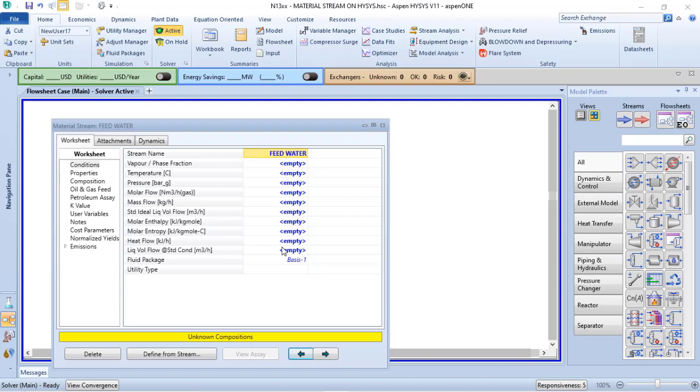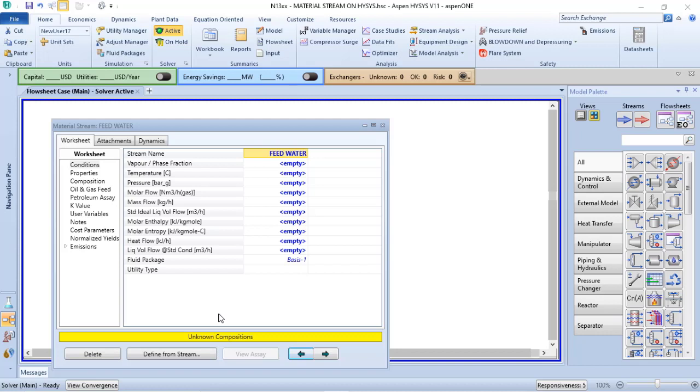Attention that Aspen Hysys helps you to fill in the process simulation. In this case, the yellow bar gives you some kind of advice. So the first thing that the process simulation recommends you to do is add the information for composition.